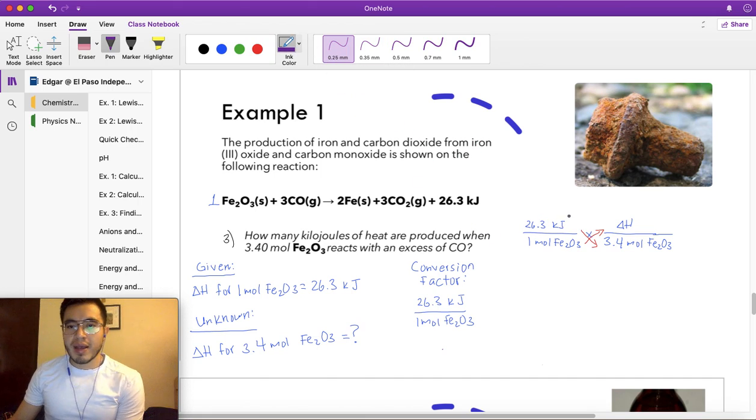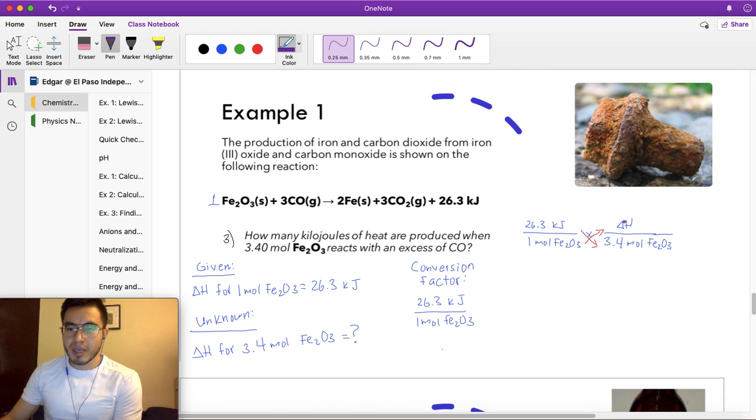So we multiply 26.3 kilojoules times 3.4 moles of rust. That should be equal to delta H multiplied by 1 mole of rust.